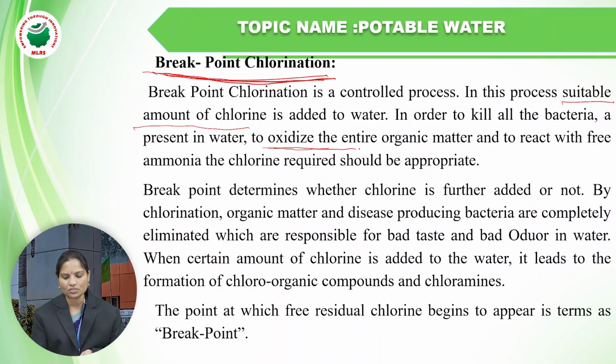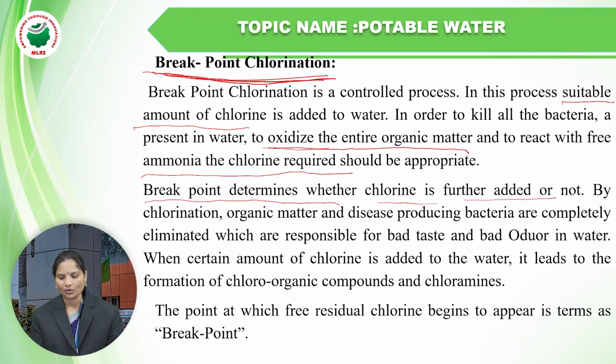It then oxidizes the organic matter and reactions take place. When it reacts with free ammonia and chlorine, the disinfection process is helped. Breakpoint chlorination determines whether further chlorine should be added or not.